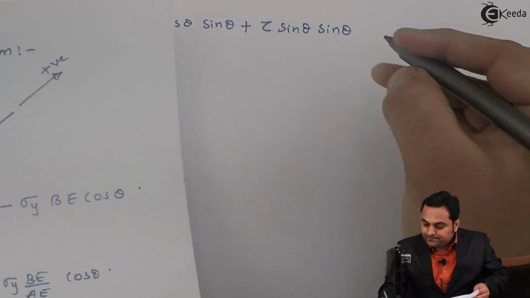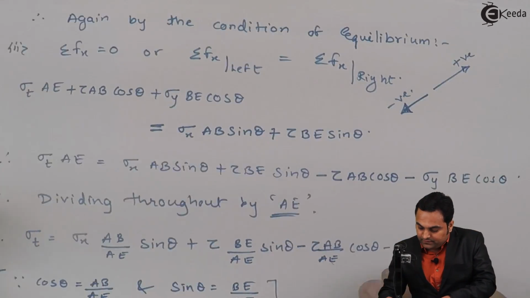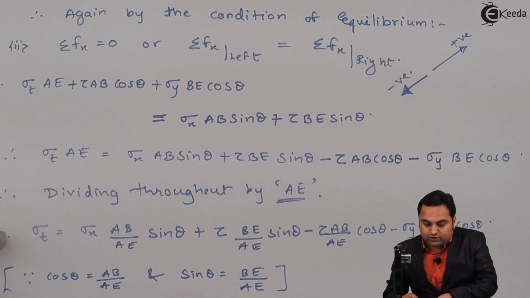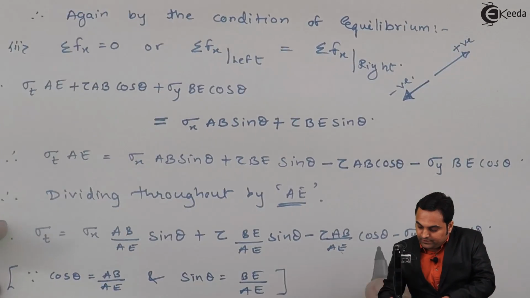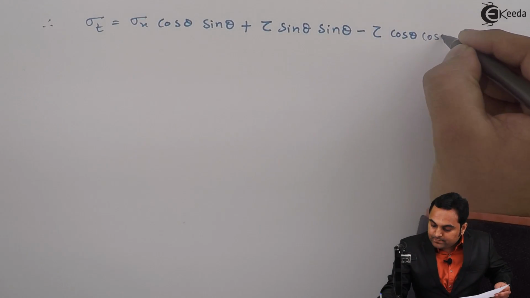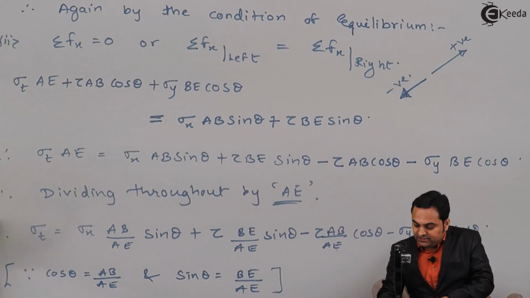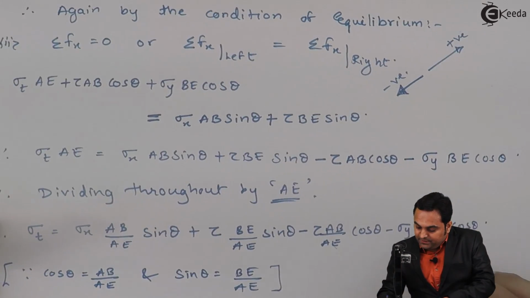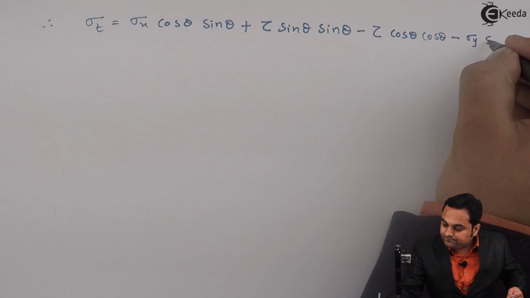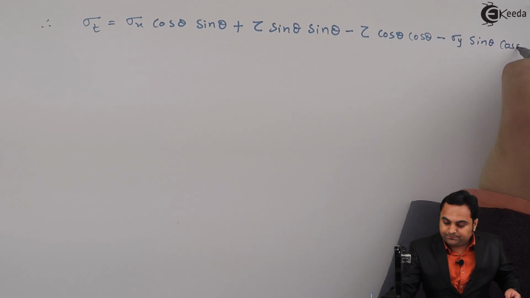Next minus tau AB upon AE is cos theta into cos theta again, then minus sigma y BE upon AE sin theta into cos theta.